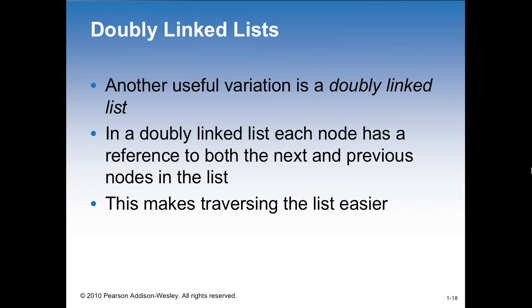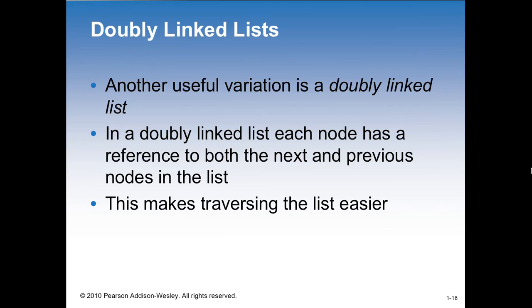We also have the doubly linked list to make a double list out of it. Another useful variation is called the doubly or double linked list. In a doubly linked list, each node has a reference to both the next and the previous nodes. Imagine a single linked list like a chain link fence.